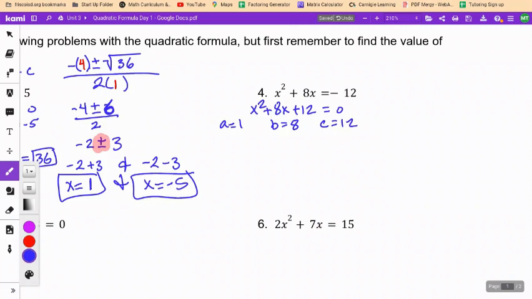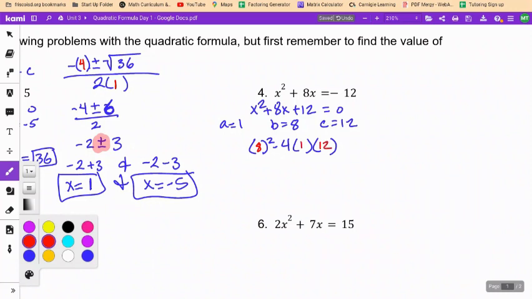Again, I can go ahead and find the discriminant, b squared minus 4ac. That's what's underneath the square root. b was 8, a was 1, c was 12. When I plug that into my calculator, I get 16 as an answer.